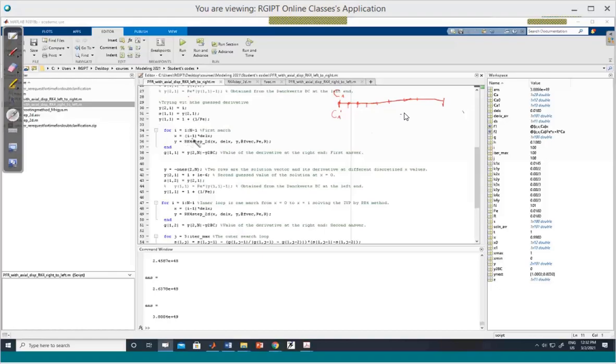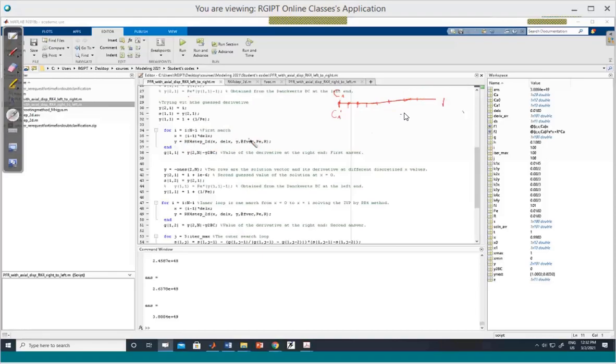So x is given by this number, y is given by whatever number you have supplied. Initially your guessed values will be supplied, and that will give me the next one. Then again I take that y as an input to the Rk4 step and get the next one. So you are marching from left to right.